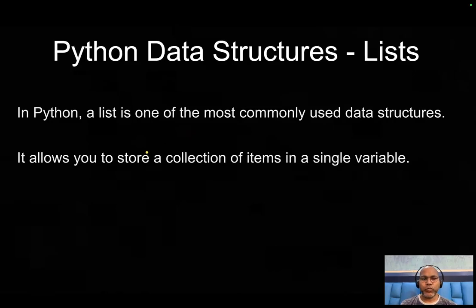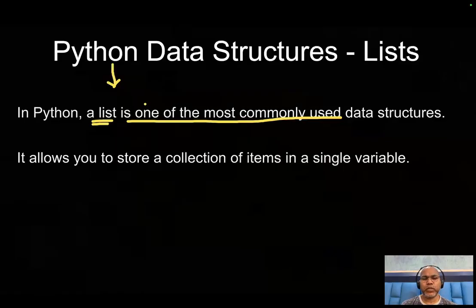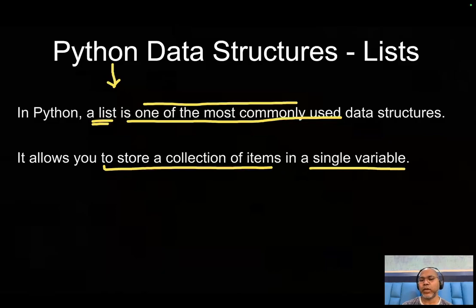As we know, the list is one of the most commonly used data structures. In Python, in almost every application, directly or indirectly, we are using this data structure. So why use list data structures? The list allows us to store a collection of items in a single variable.